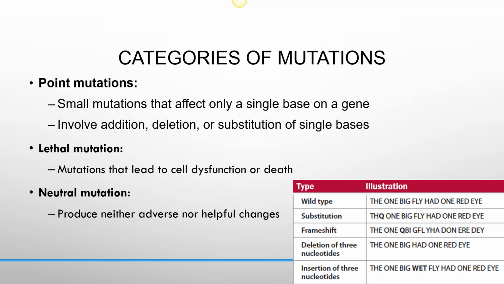And there are different categories of mutations. For a point mutation, let's say our DNA sequence was supposed to be AAATTT. A point mutation would be a change in one base, such that now we might have AAATTC instead of TTT.